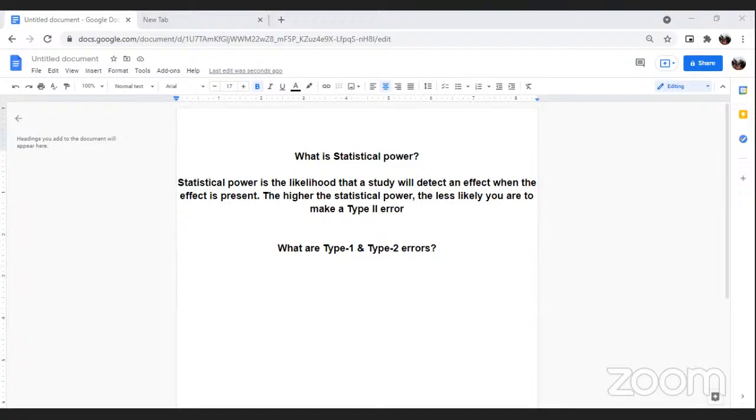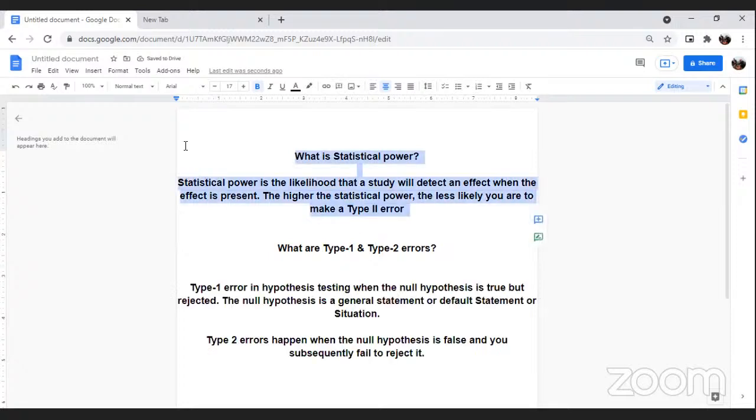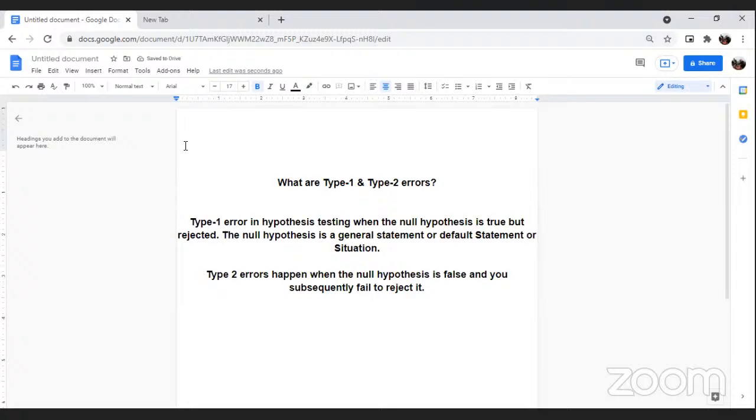At the same time, type 2 error happens when the null hypothesis is false and you fail to reject it, right? Right, I'll pause for a while before we go to the next question.